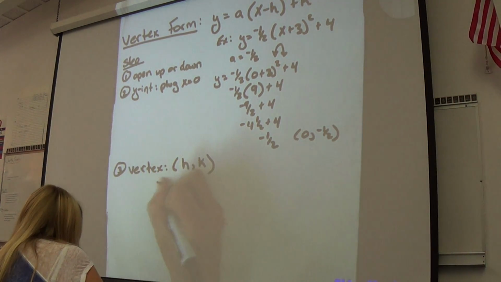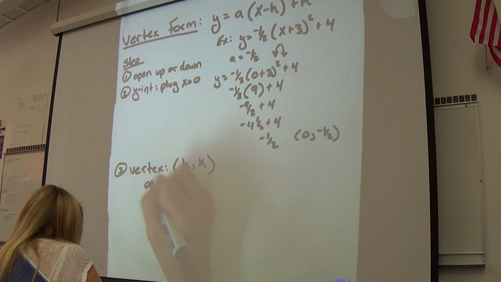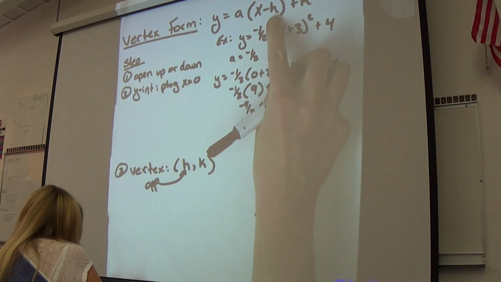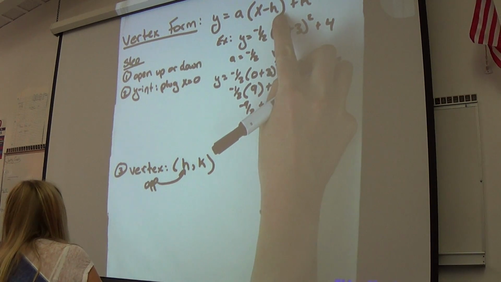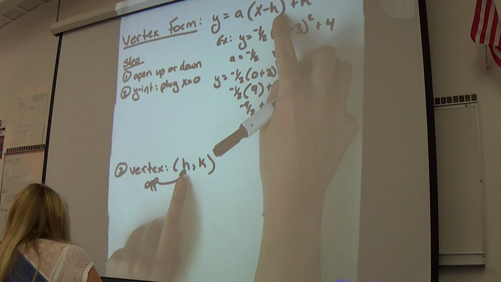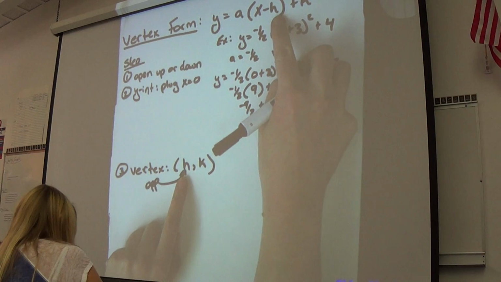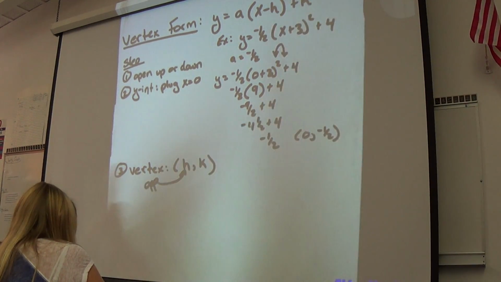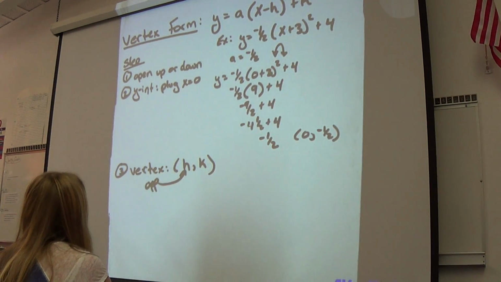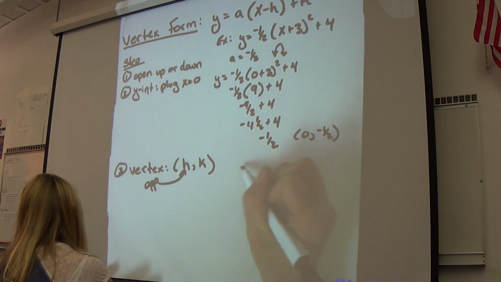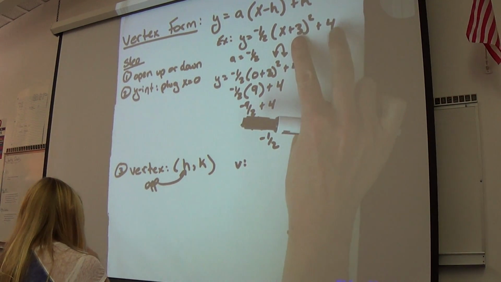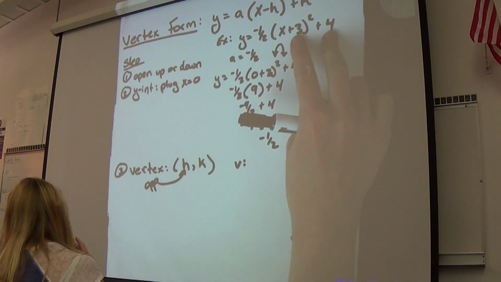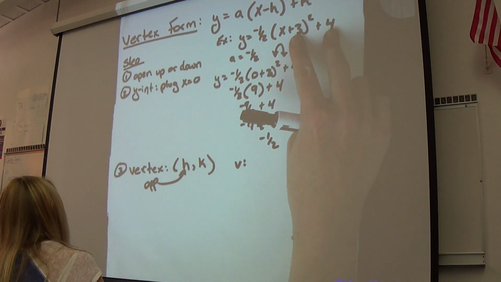What I want you to notice is that h is the opposite sign of what you see in the parentheses. So if you see a -2, that h is 2. If you see a +2, that h is -2. It's always opposite than what you see. So if I'm looking at my vertex here, the numbers in the h and the k position are a 3 and a 4.